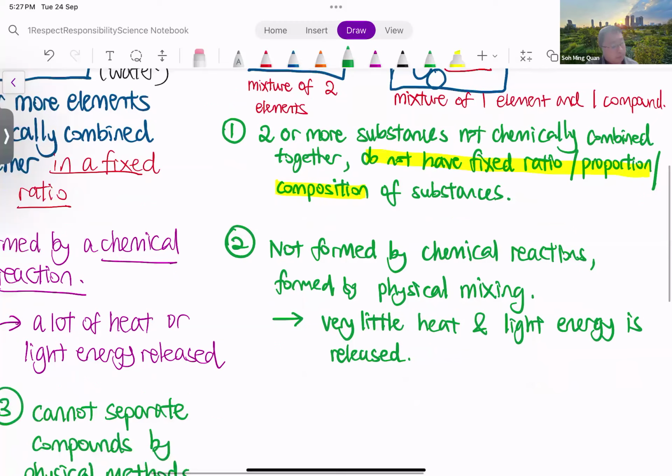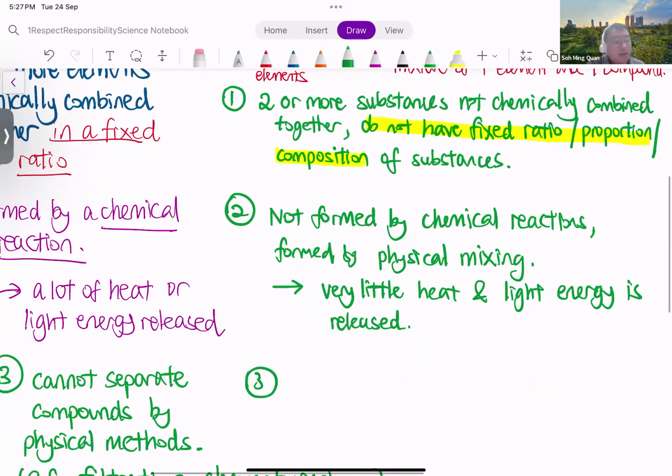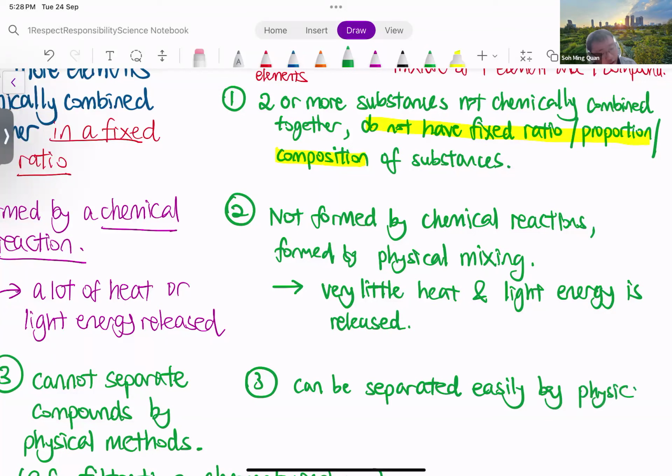Okay? And finally, because they are not chemically combined together, they can be separated easily by physical methods. So again, what are the physical methods that we have learned? Things like filtration, chromatography, right?